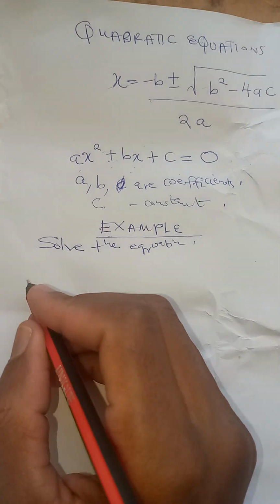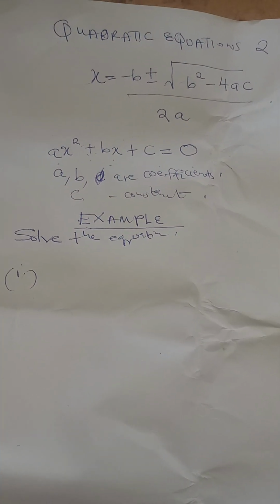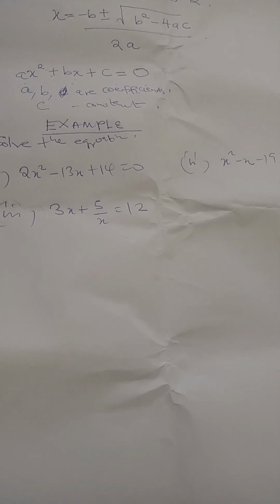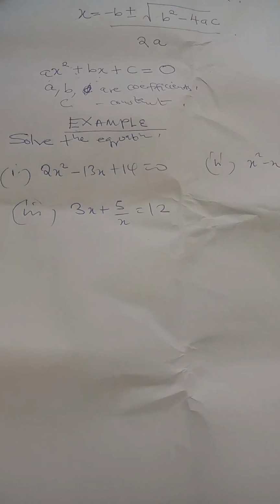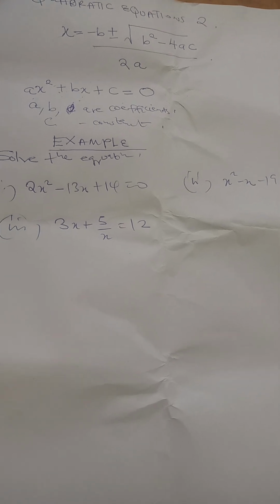So I'm going to give you 3 examples. Okay, we have 3 simple examples, of which the first one and the second one are just straightforward. Just have to identify what a is, what b is, and we do justice. Okay, let's start.